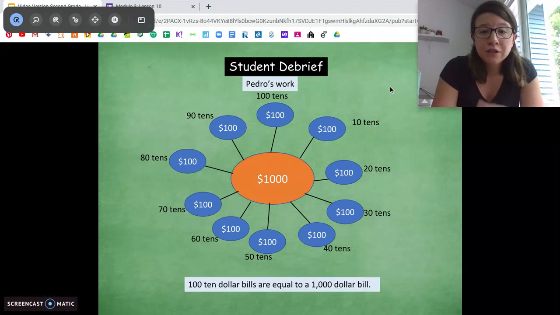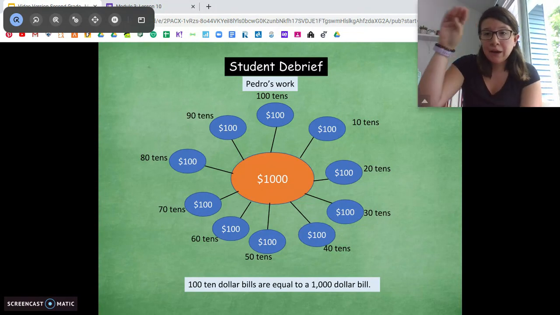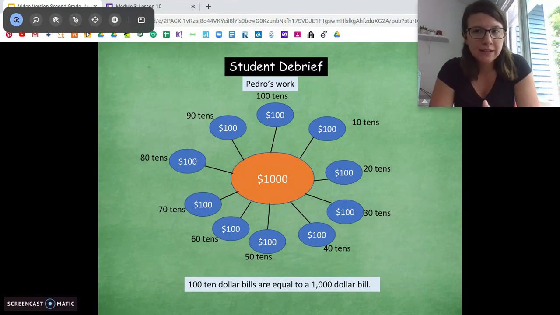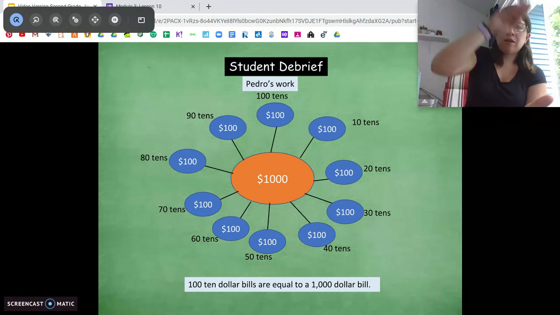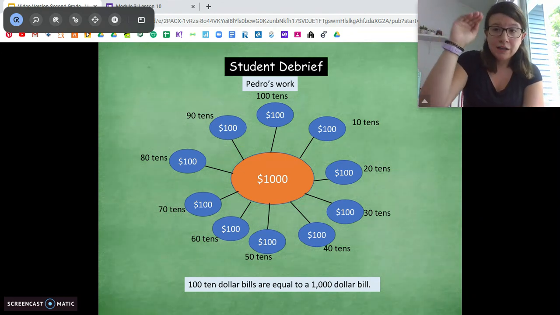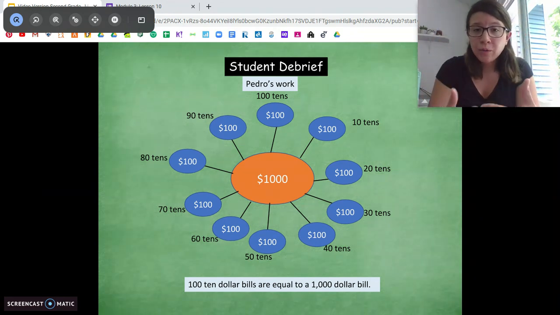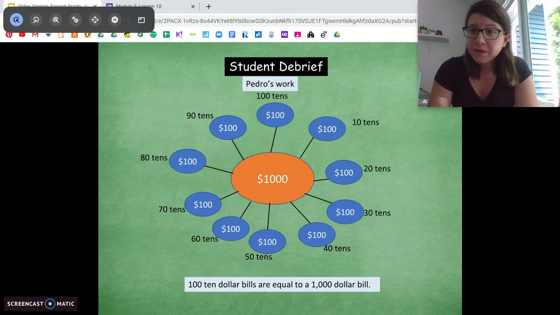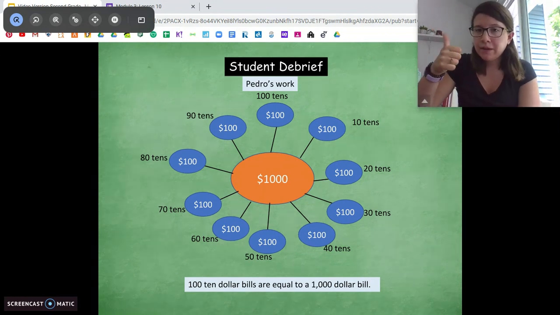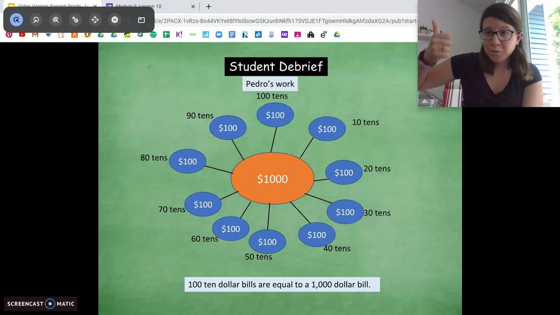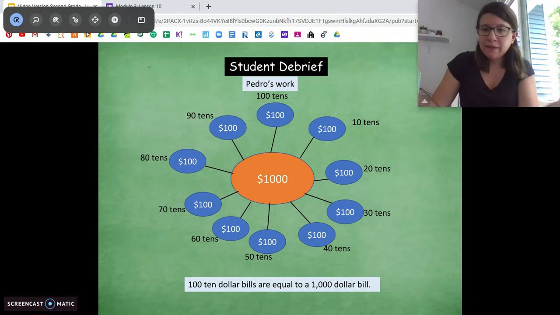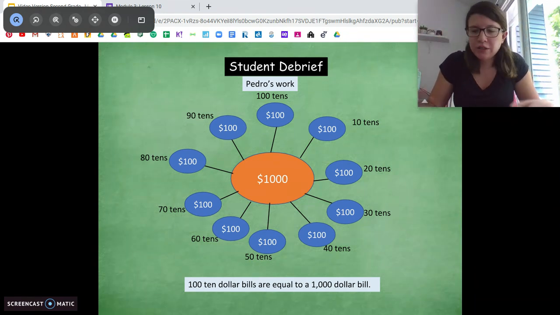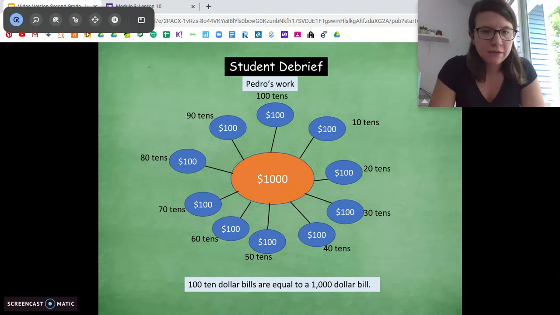He broke down each of the sets of 100 and counted by tens because he knows there's 10 tens in each 100, counted around his number bond and got to 100 tens. So Pedro and Brandon got the same answer. Did you solve it this way or did you solve it a different way? That's fine. They both got the same answer using different strategies. That's awesome. And you might have done something different too.